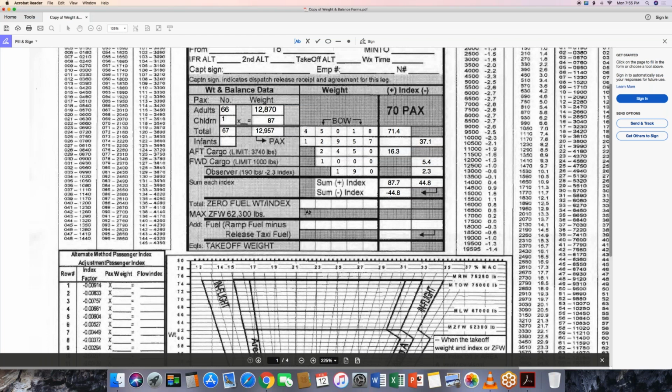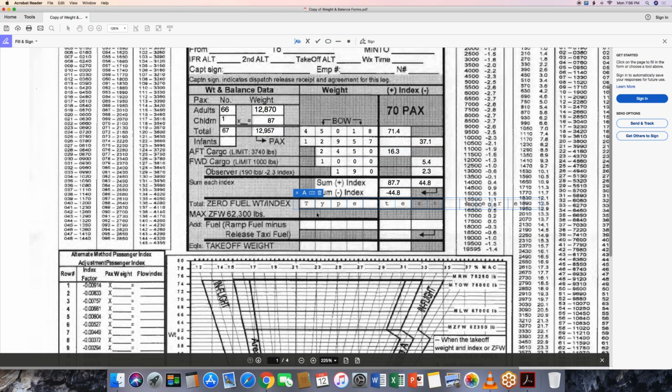So, our zero fuel weight index, what was the total here? I just had it. It was like 61 something.